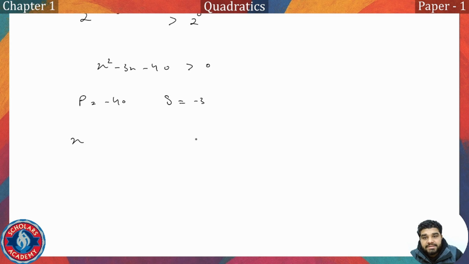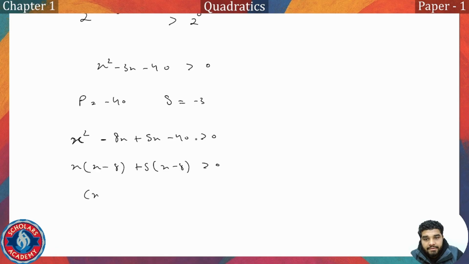Now I can split this middle term: x² − 8x + 5x − 40 > 0. If I take x common, I get x(x − 8), and if I take 5 common, 5(x − 8) > 0. So (x − 8)(x + 5) > 0.